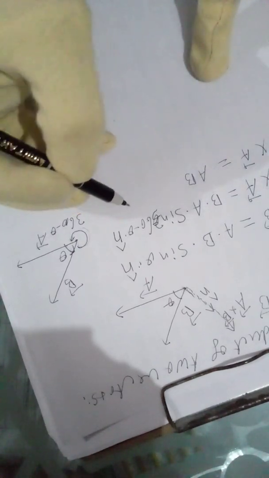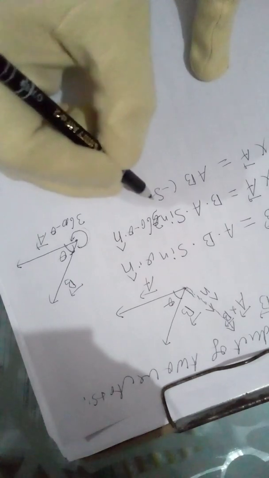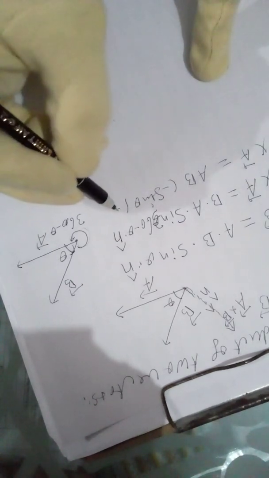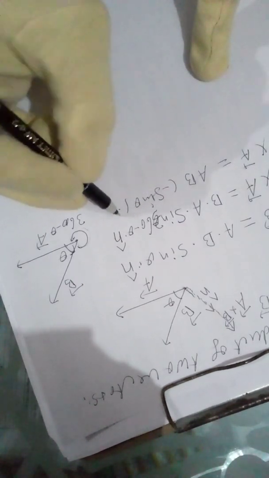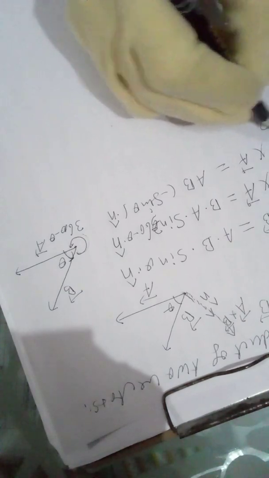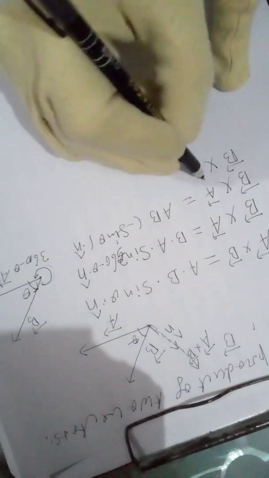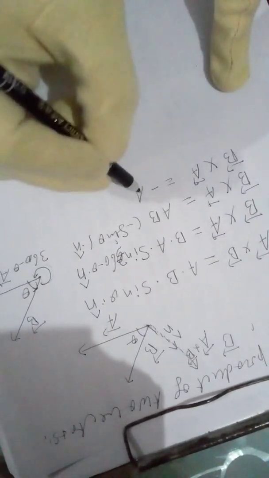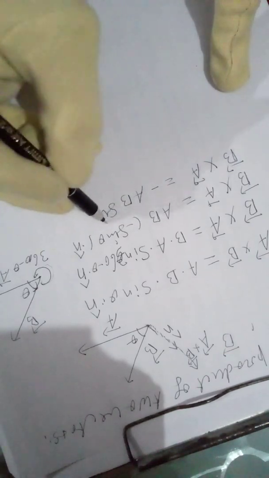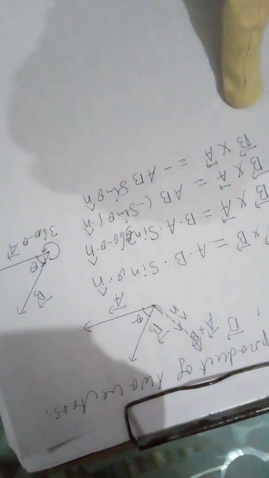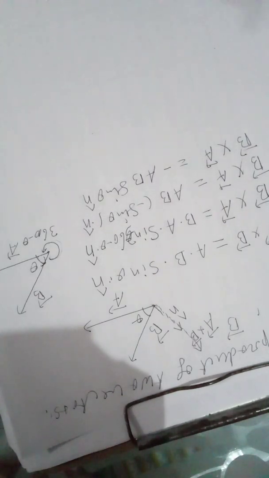Sin 360 minus theta is minus sin theta, so write here minus sin theta into n cap. So B cross A is equal to minus AB sin theta n cap. Thus the direction of B cross A is just opposite to n cap. N cap is vertically upward, minus n cap is vertically downward.